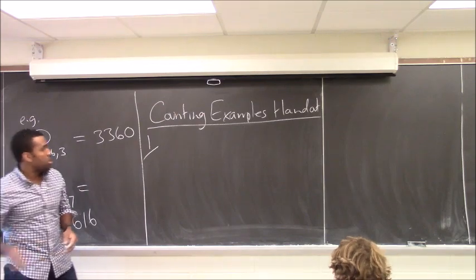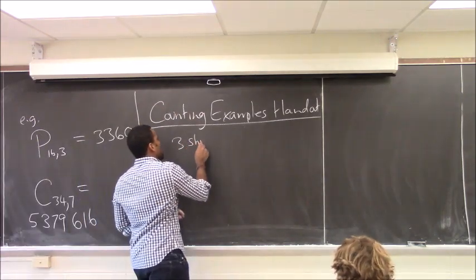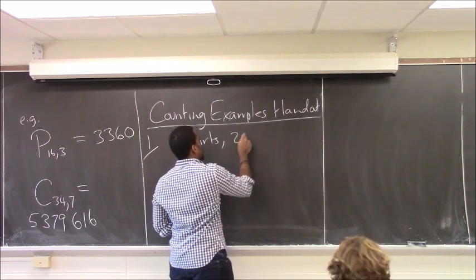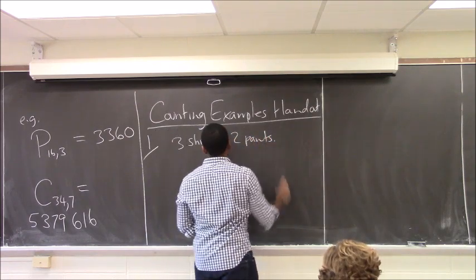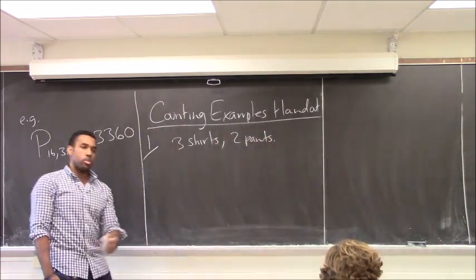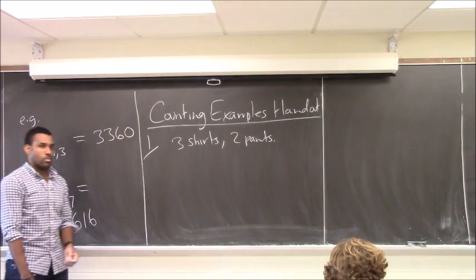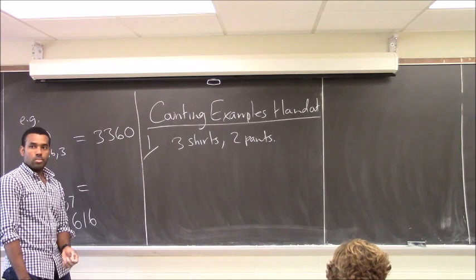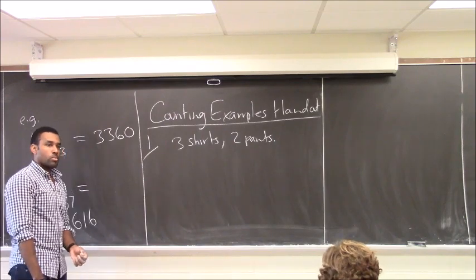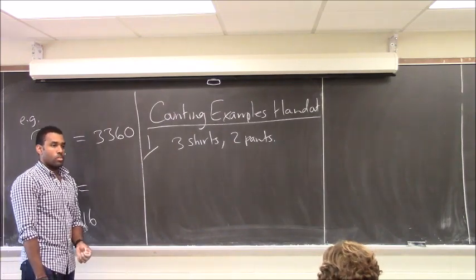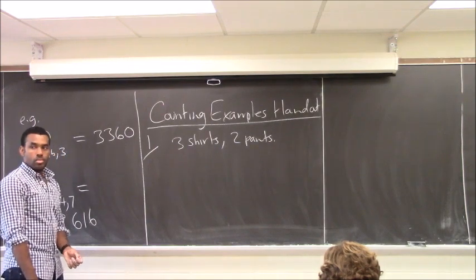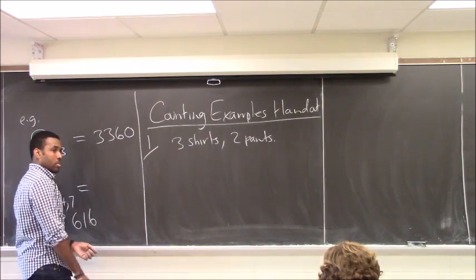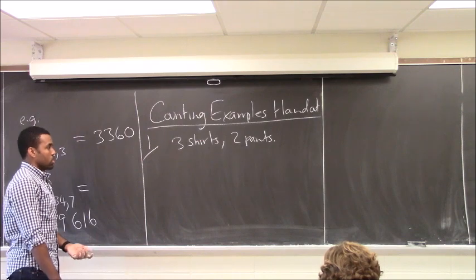I assume what you did is you multiplied them. Right? That's how you got the 6. What would tell you to multiply? Multiplication rule. Multiplication rule.